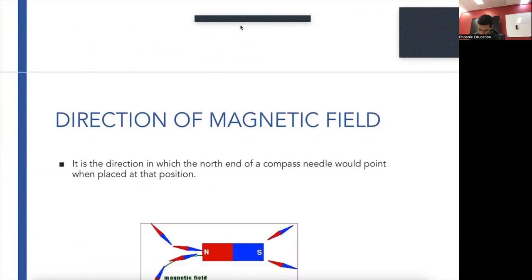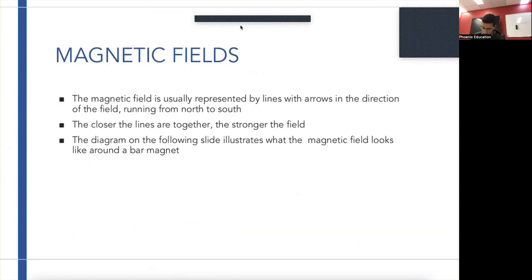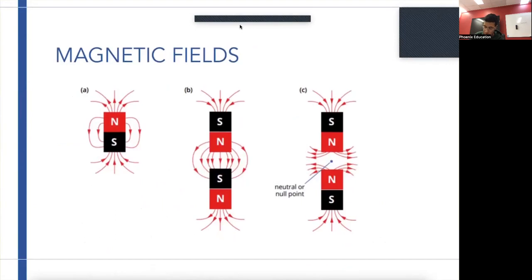Okay, direction of field. The way we actually draw magnetic field lines is that we go from north to south. Magnetic field lines always go out from the north and then into the south. So if you ever get confused, just think of the charge case.